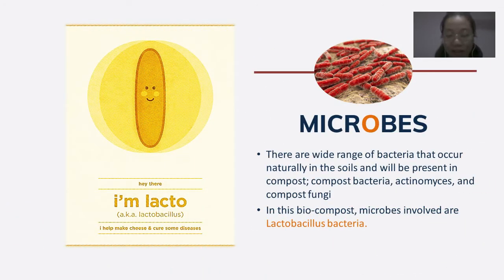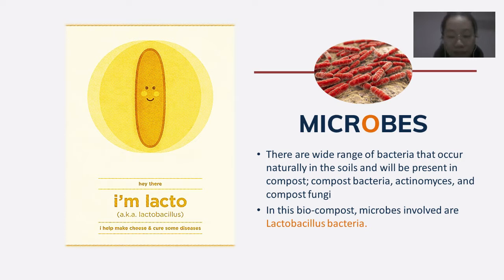There is a wide range of bacteria that occur naturally in the soils and will be present in compost. There are three types of microbes: compost bacteria, actinomyces, and compost fungi.